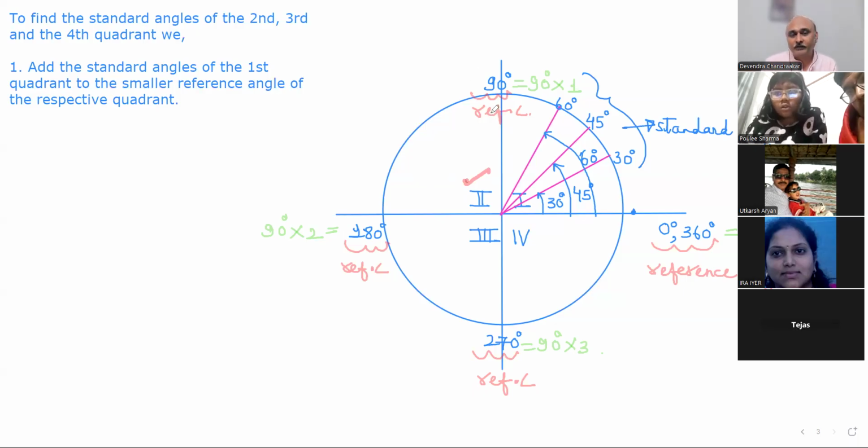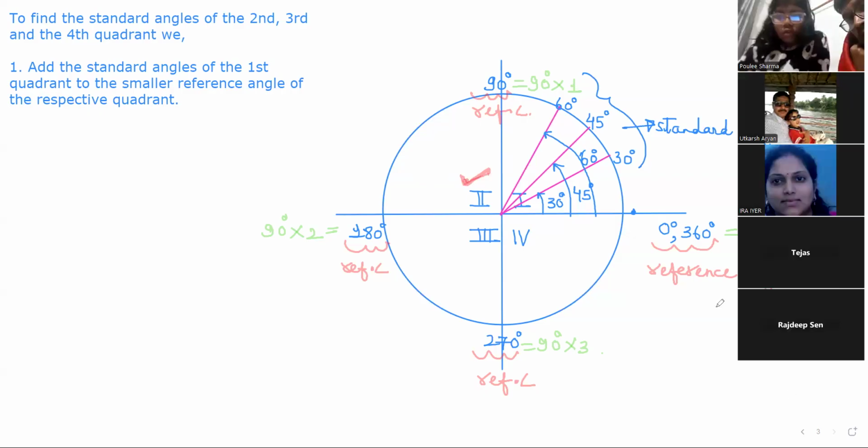No. Reference angles of the second quadrant. Which is the second quadrant, Polly? This is the second quadrant. 90 degrees and 180 degrees. Very good. 90 and 180. Everybody understood? Yes, sir. Right? Now, which one of them is the smaller reference angle, Utkarsh? If you can answer.